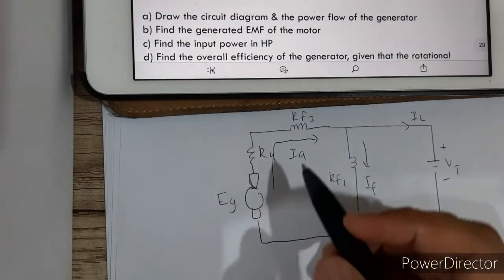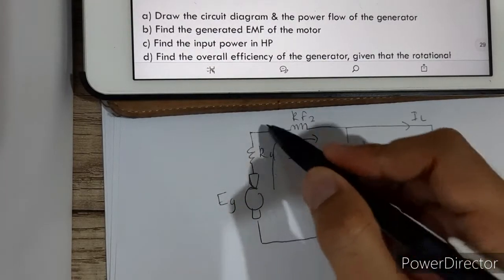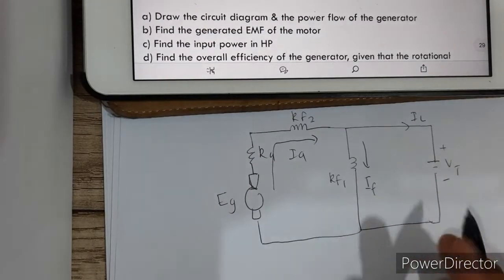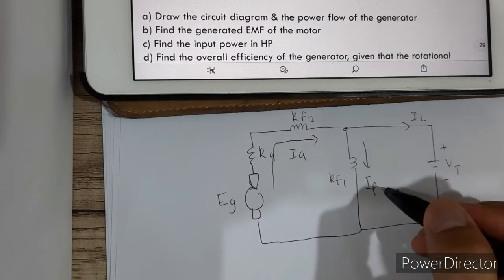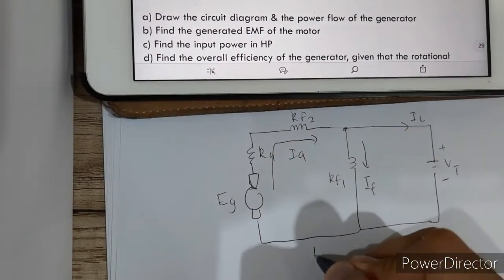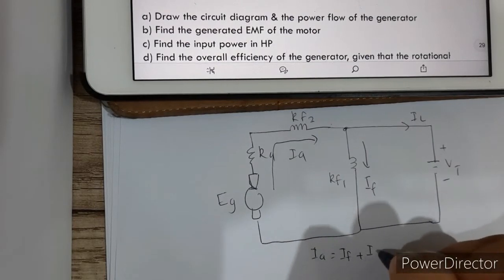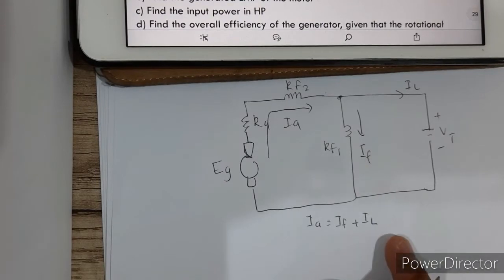Remember for a generator, the current flows from the armature circuit and then is supplied to the line. At this junction we know IA equals IF plus IL.